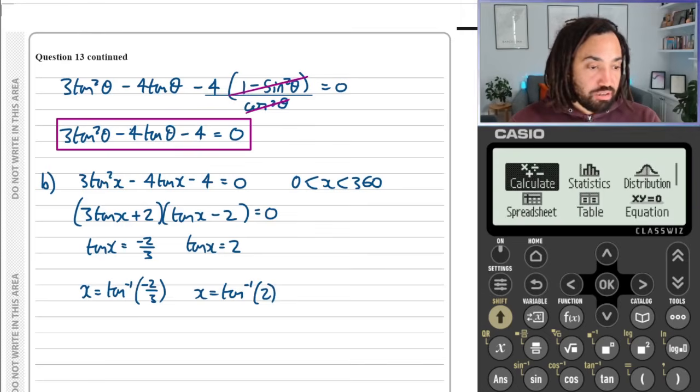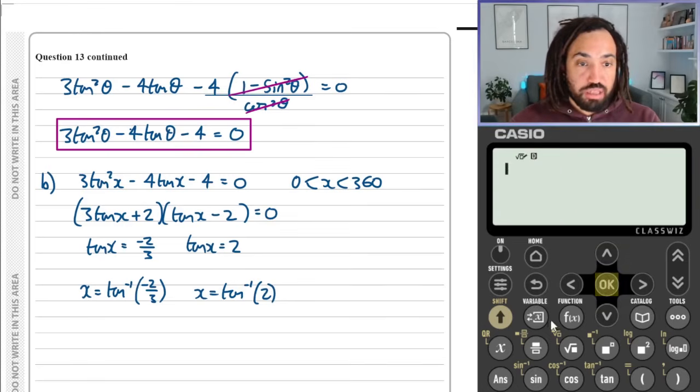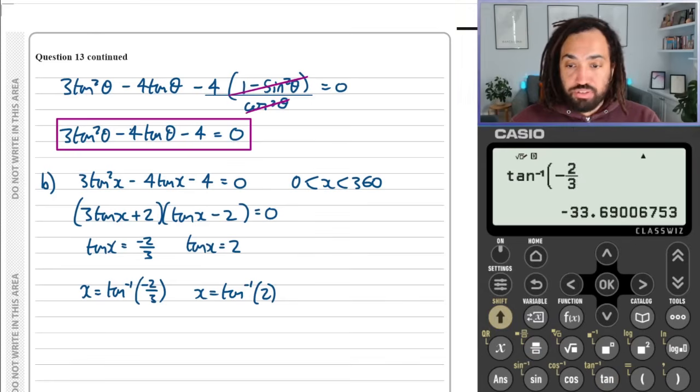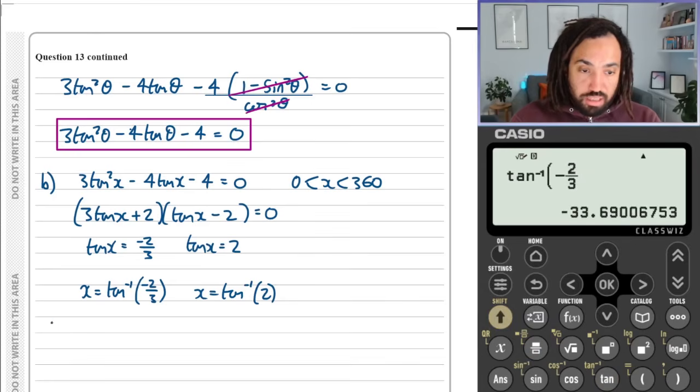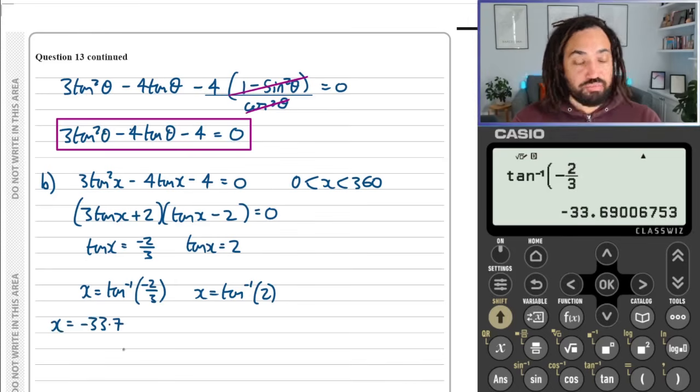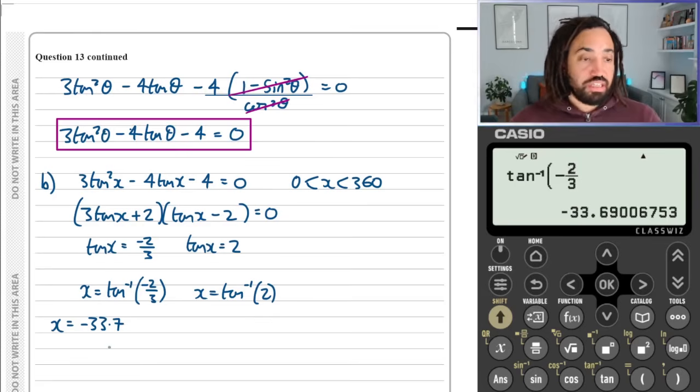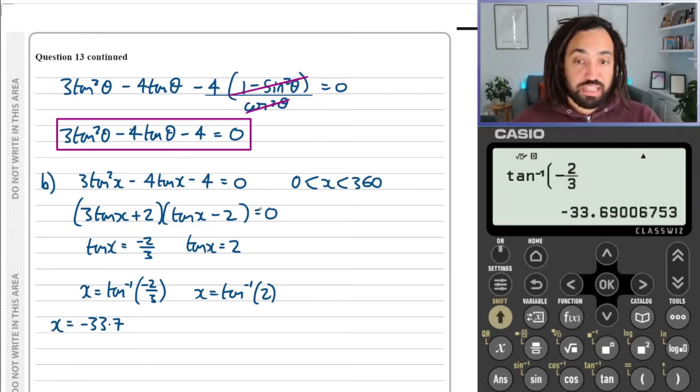So let's use our calculator, making sure we're in degree mode, and go for inverse tan of minus 2 over 3 first, and that's going to give us minus 33.7.